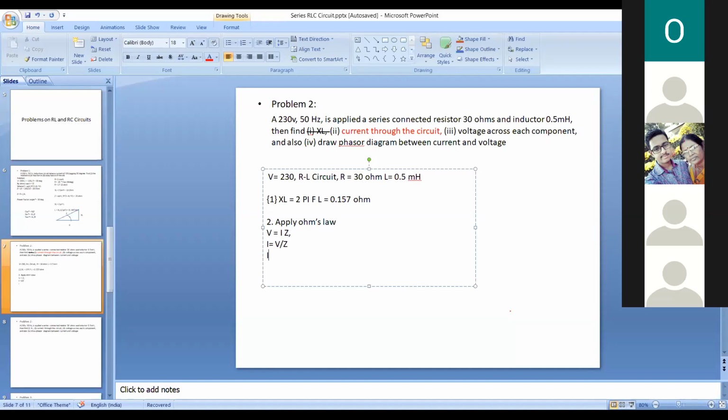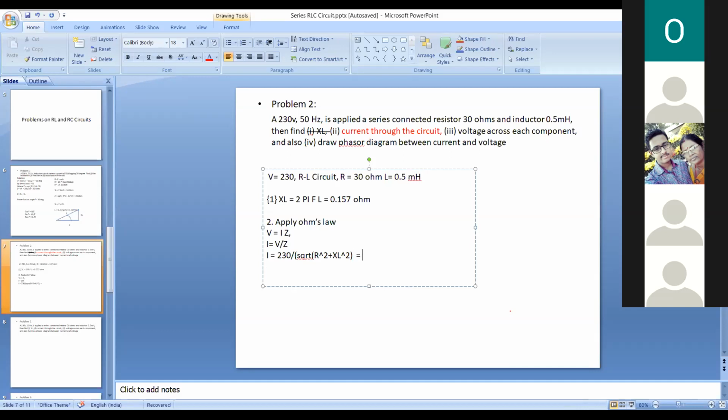So I is equal to voltage 230 divided by impedance. What is the impedance? So impedance is square root of R square plus XL square.